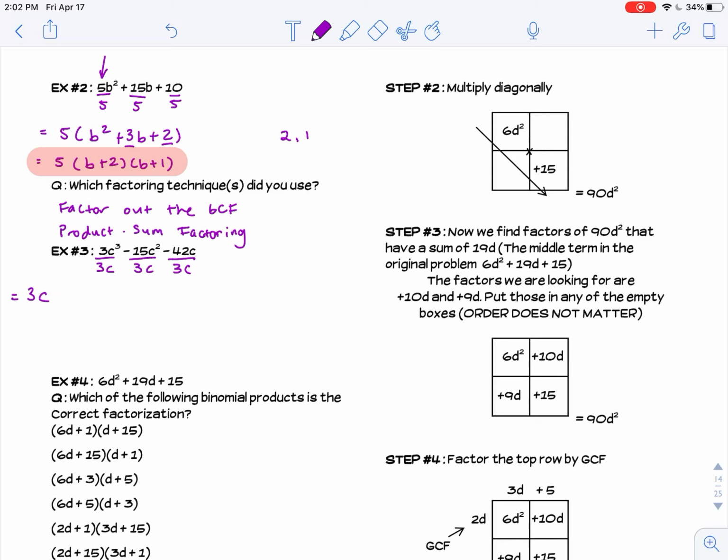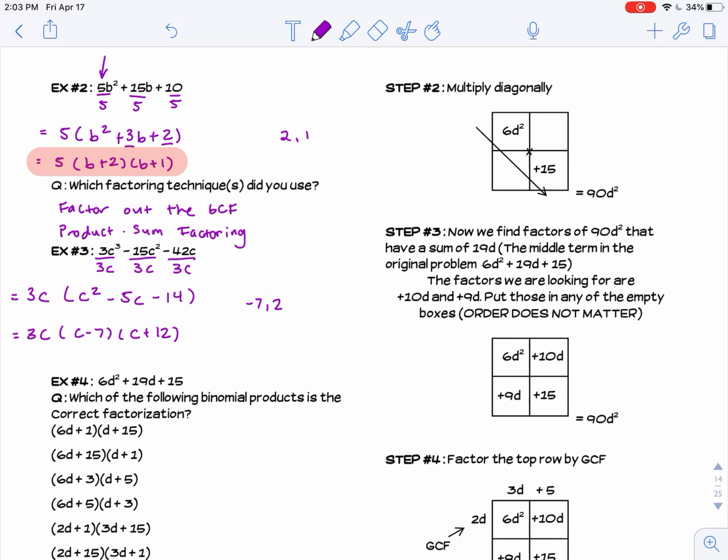So that would leave us with c squared minus 5c minus 14. What two numbers multiply to equal negative 14 and add to equal negative 5? That would be negative 7 and positive 2. So our factored form would be 3c times c minus 7 times c plus 2.